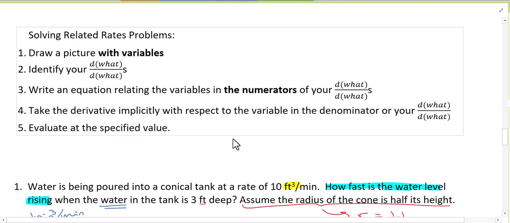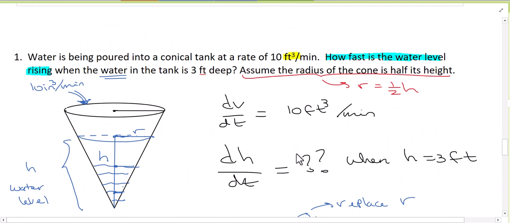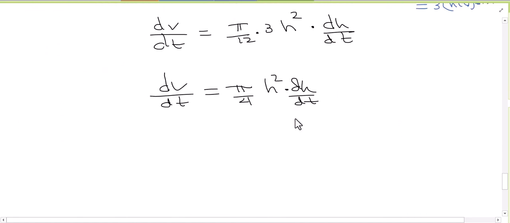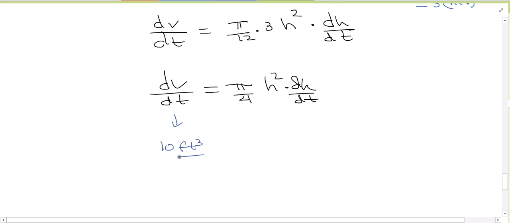Evaluate at the specified value. So we want to know dh/dt when h is 3 feet. And so we know dV/dt, and we're looking for dh/dt. The rate of change of volume with respect to time is 10 feet cubed per minute. So I'm going to put that in here. So dV/dt is 10 feet cubed per minute, and we're going to have equals pi over 4 h squared.